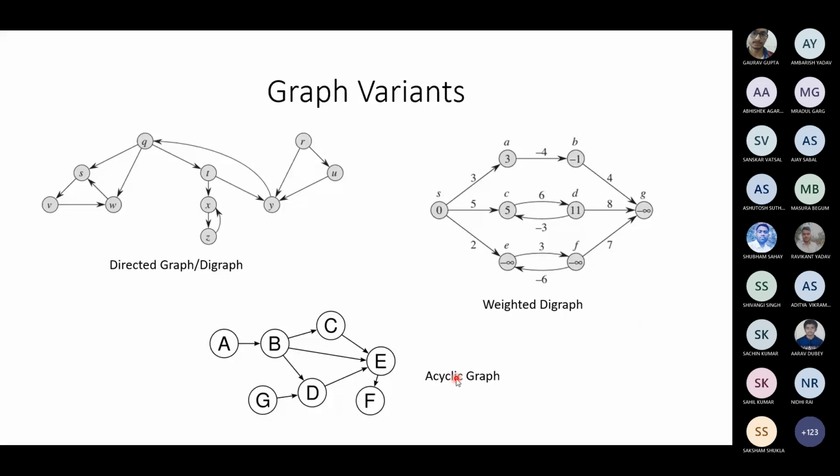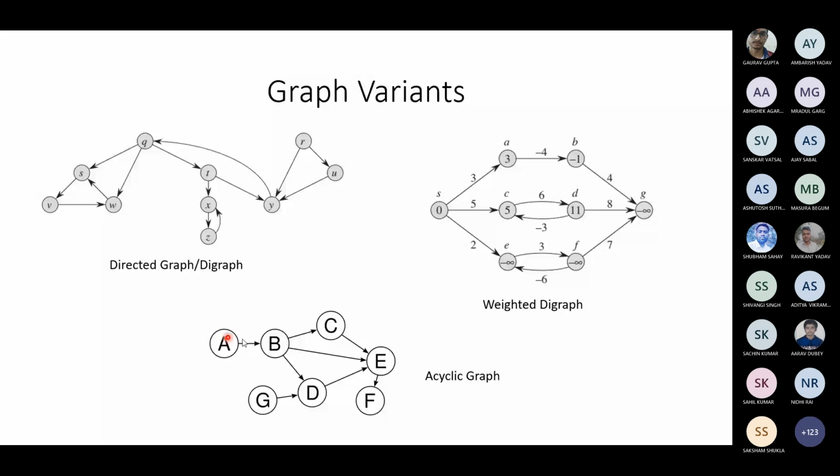This is an acyclic graph. An acyclic graph is a graph which doesn't have cycles. If you don't find cycles, then it's an acyclic graph. This is the cyclic graph. See, 5 to 11, 11 to 5, there is a cycle. So this is a cyclic graph. In an acyclic graph there is no cycle.